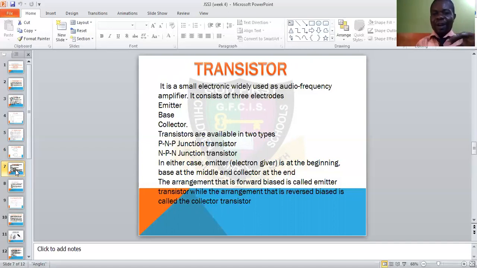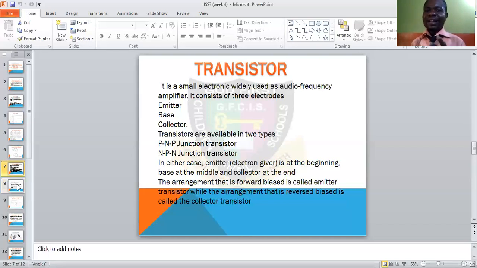That's the collector. The forward bias is the one that allows it to go, and the reverse bias is the one that allows it to come back. We have talked about the forward bias in terms of a diode.